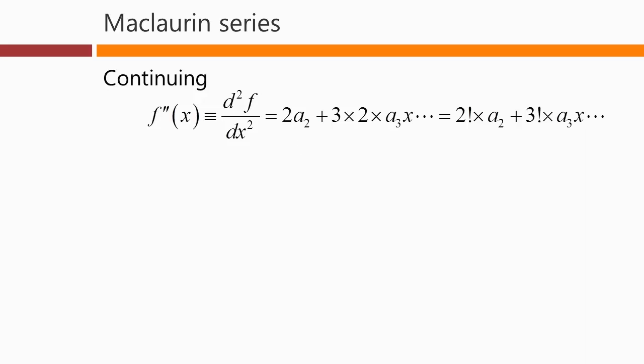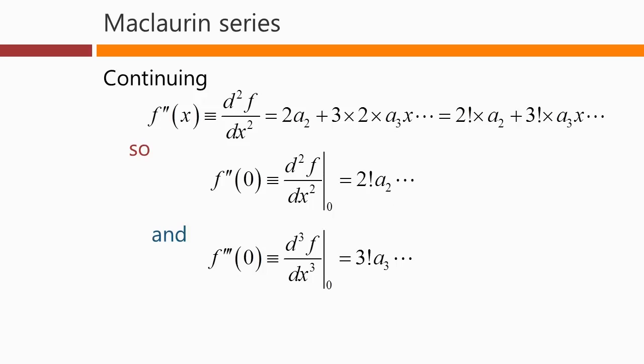Taking the derivative of that to get our second derivative, we have 2a2, and then a bunch of other terms here. We can also write these, incidentally, using the factorial function. So again, at the point x equals 0, all of these terms disappear. These ones out here all disappear, and we're just left with this term here.